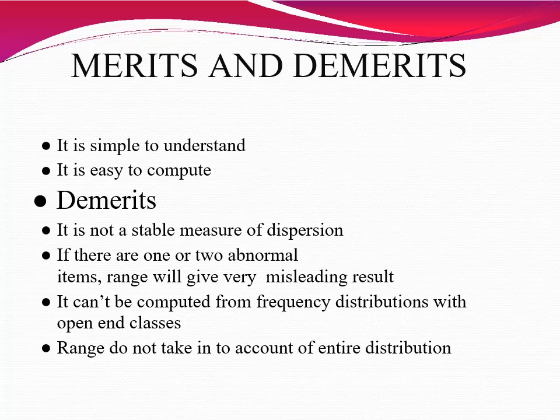It can be computed from a frequency distribution, but it cannot be computed from a frequency distribution with open-end classes. Why can we not compute it? Because it is not rigidly defined, and that is why it cannot be computed in the case of open-end class intervals.